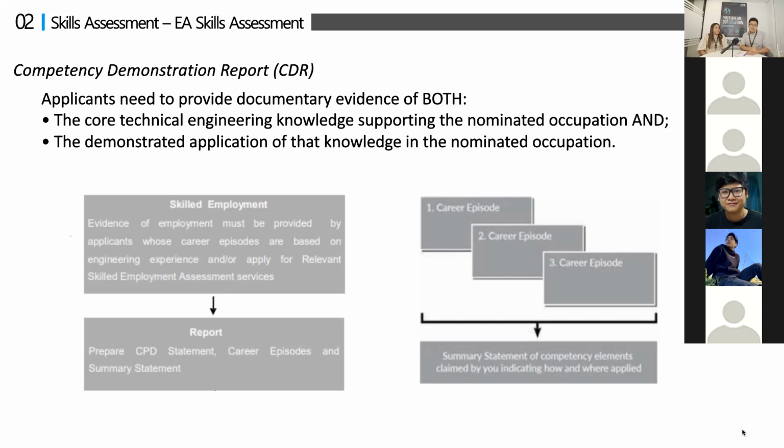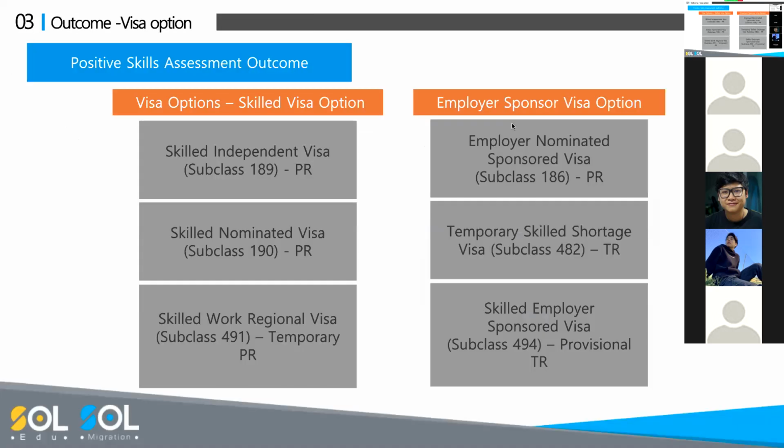So if you decide to go through CDR, you must clearly check the skill assessment guidebook and then provide very detailed and strong, 3 separate career episodes. Then definitely you can still pass the skill assessment. We already have many cases where students passed the skill assessment through the CDR process.